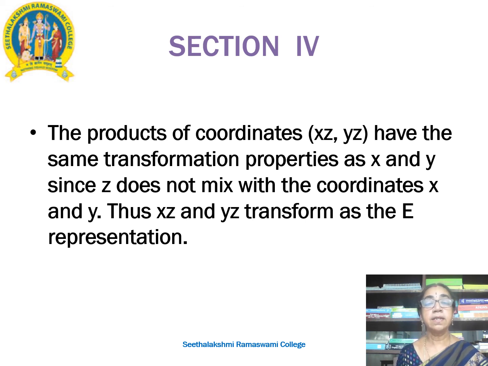Thus, xz and yz transform as E representation. Other products have the same transformation properties. Now, the task is completed. The construction of character table for C3V point group is finished off.